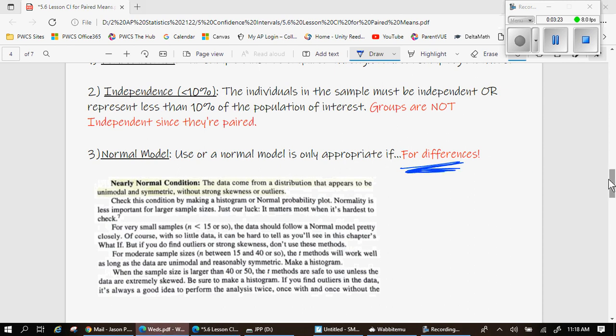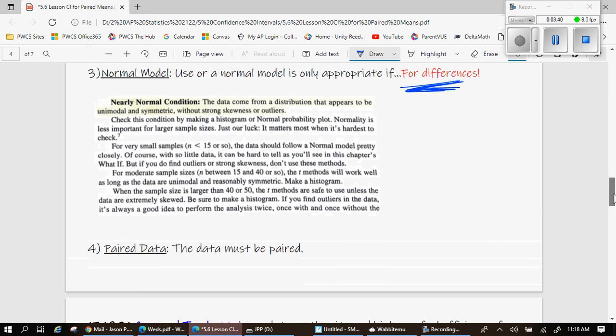Same idea though, the larger the sample, the more we can accept skewedness in the histogram of the differences. So if you're making a histogram, that histogram will need to be of the differences in the two groups. And then last but not least, you shouldn't do a paired t-test unless your data is actually paired, unless it makes sense to group data points from one group to another.